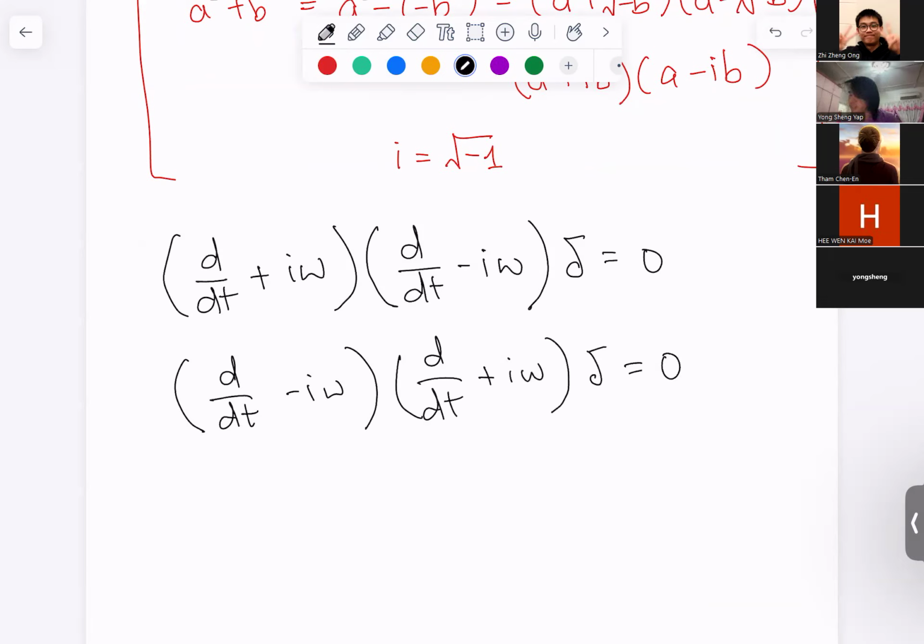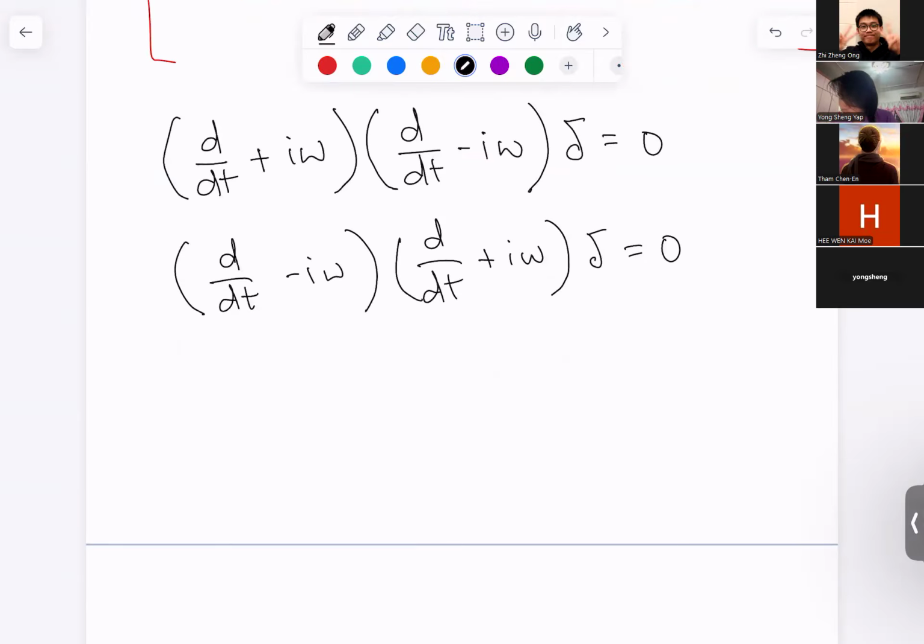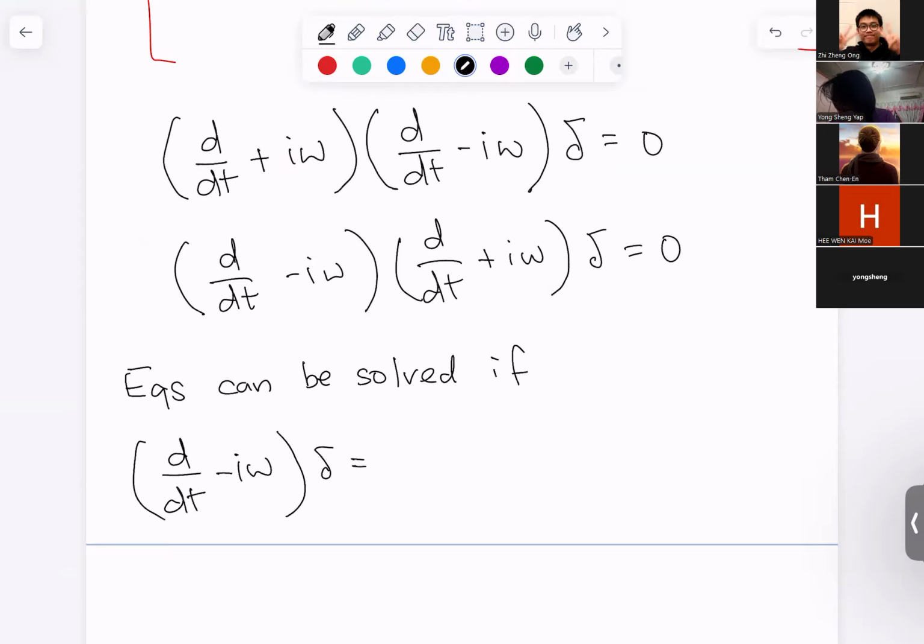Okay, so how can this equation be solved? Equations can be solved if d over dt minus i omega, delta is 0, or d over dt plus i omega, delta is equal to 0.